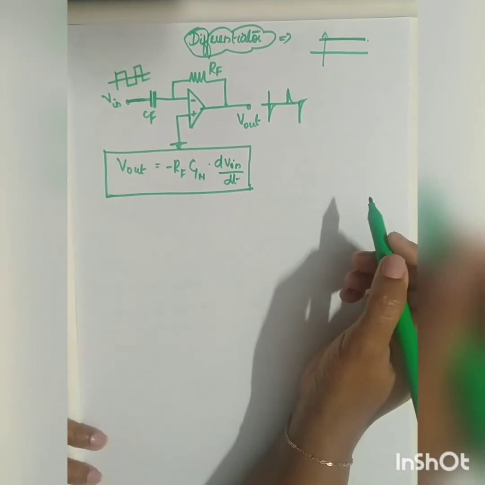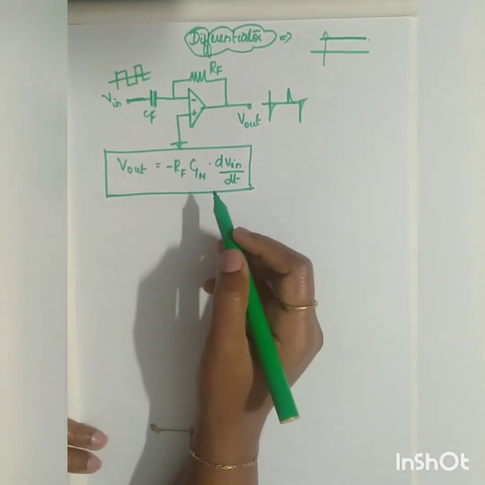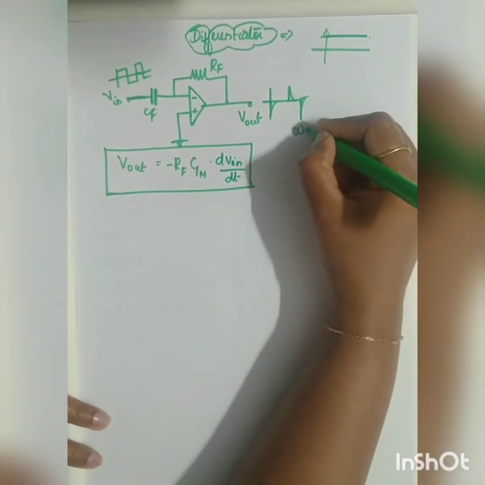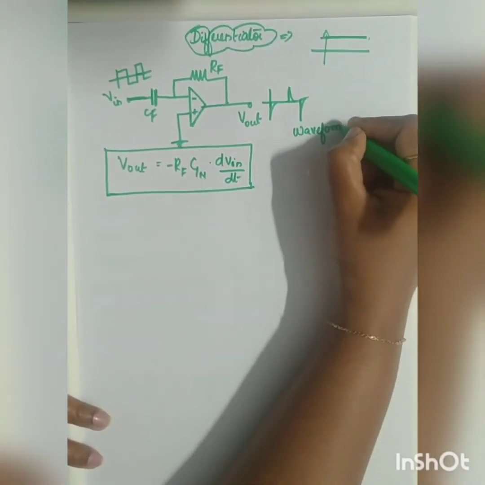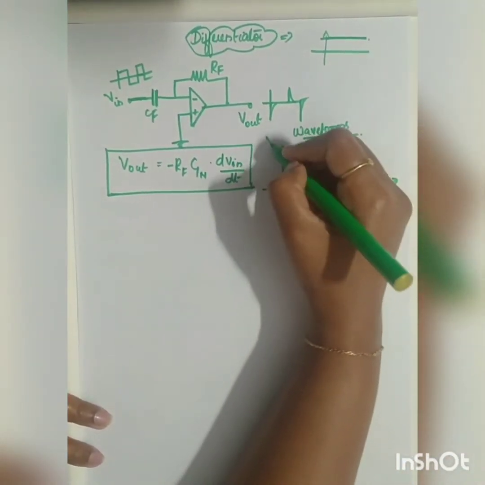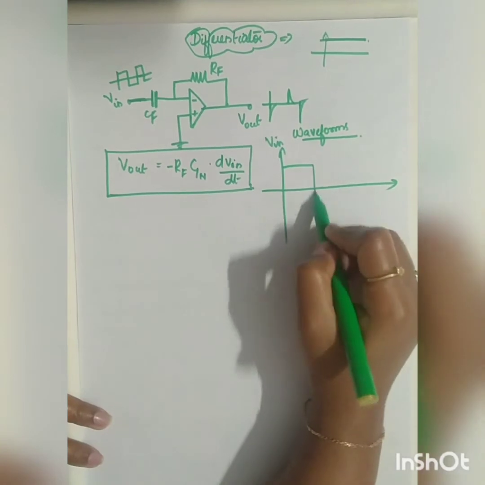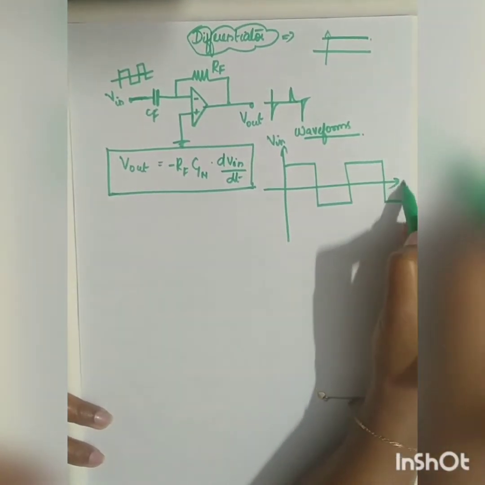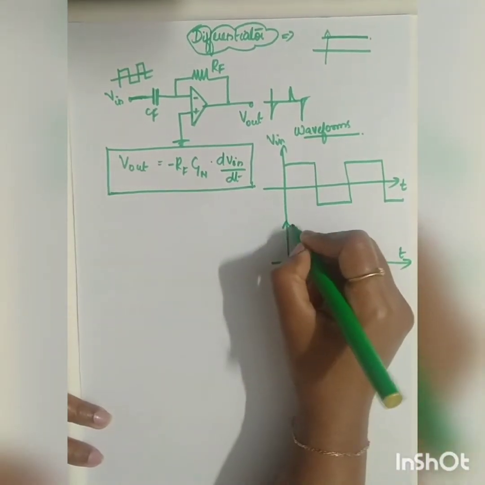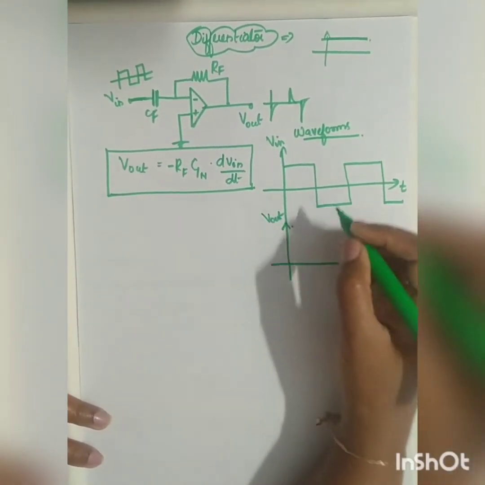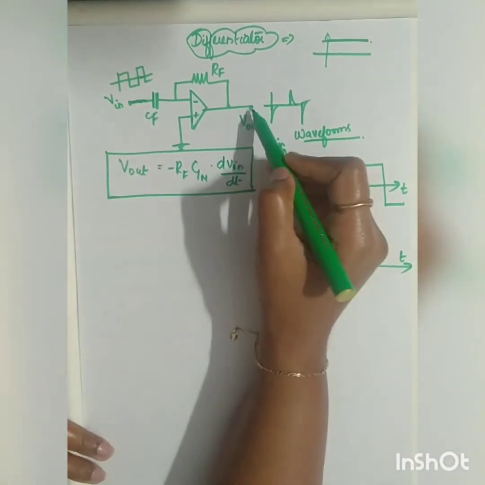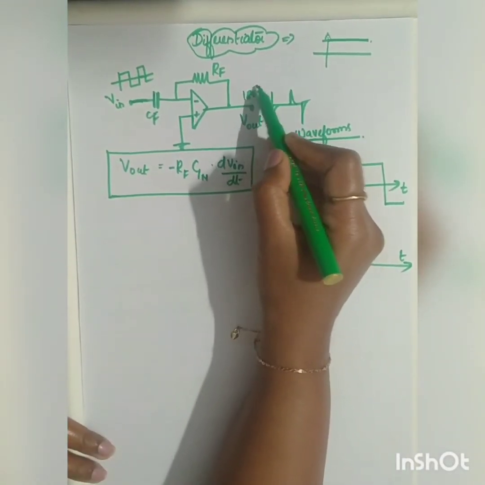So how will you get this equation? Before that, you have to study the waveforms. Your waveform is your input. If I give a square signal, what will be your output? Output V out, you will be getting spikes. Since the input is given across your inverting terminal, the output will have a 180-degree phase shift.